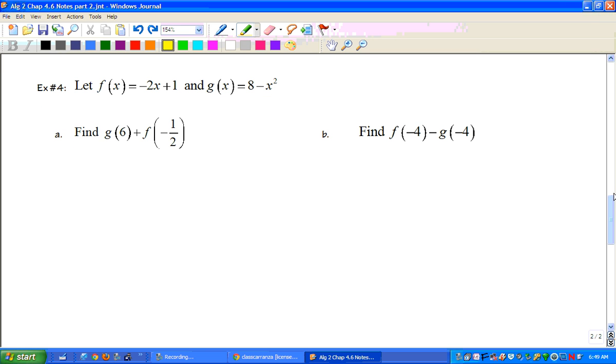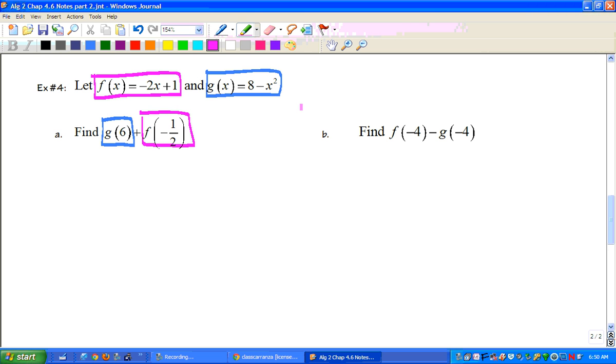Now let's flip it over. Now they're trying to get a little bit more complicated. They're telling us that we have two functions, the f of x and the g of x. They want to know when g is 6, I want you to add that to when the function f is negative 1/2. So we're pretty much going to treat this like two separate problems, and then add them up.